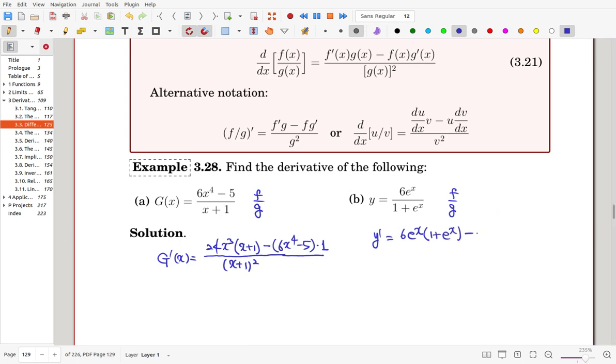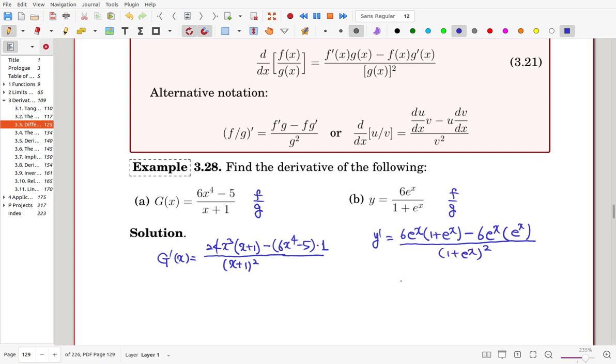Now f is 6 e to the x, and here g prime: 1 prime will be 0, but e to the x prime is e to the x, right? And bottom must be g squared, so that is 1 plus e to the x squared.